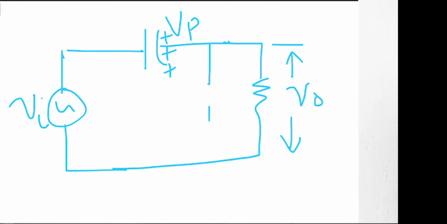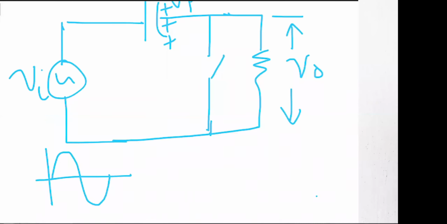Now the diode has become an open switch, and we are at the point where the input signal is going from the negative half cycle to the positive half cycle, like this.